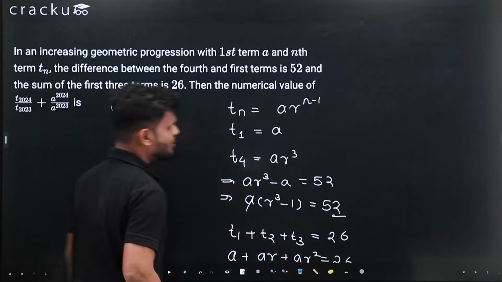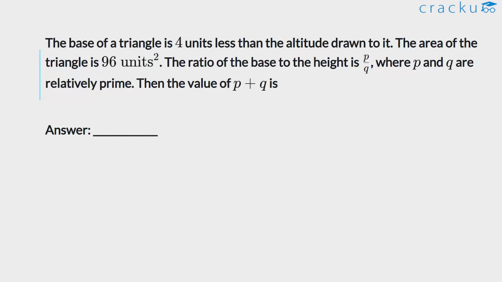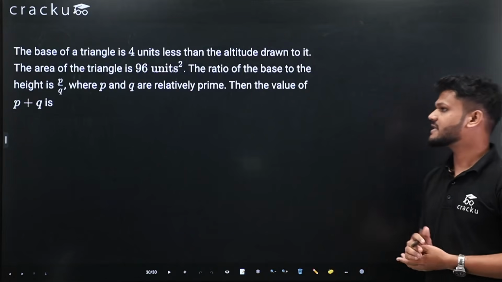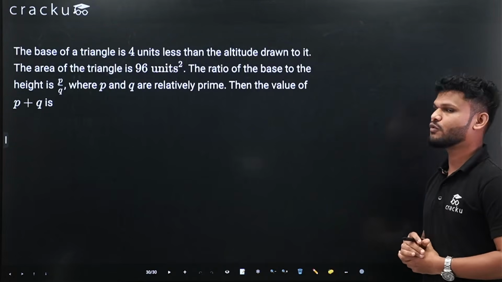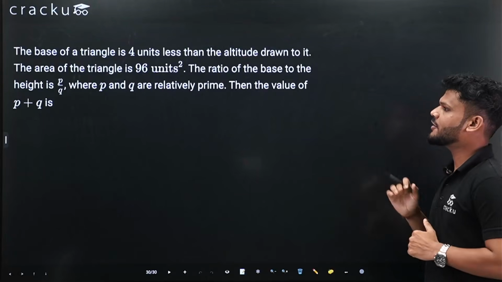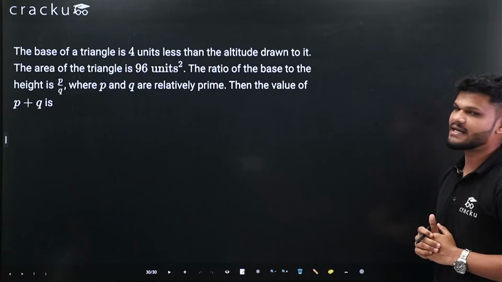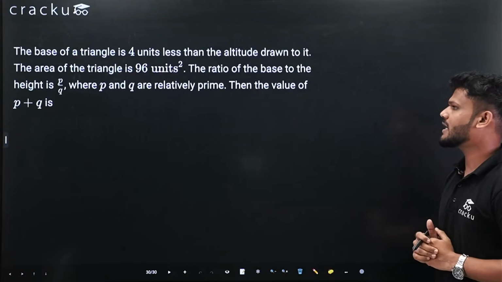So this is how you can solve the given question. In this question it is asked, the base of a triangle is 4 units less than the altitude drawn to it. The area of the triangle is 96 units square. The ratio of the base to the height is p by q, where p and q are relatively prime.